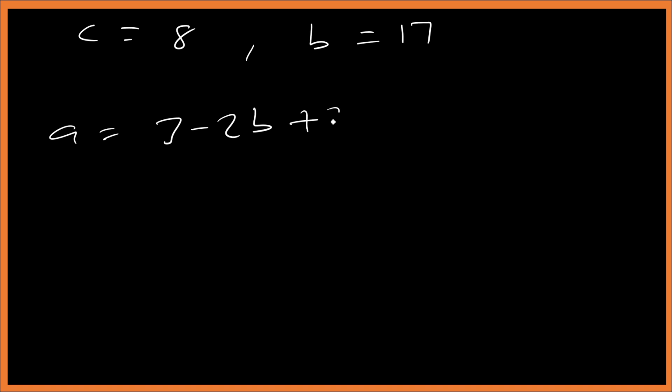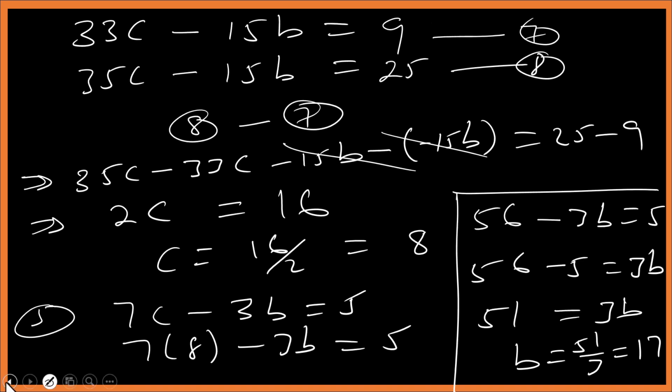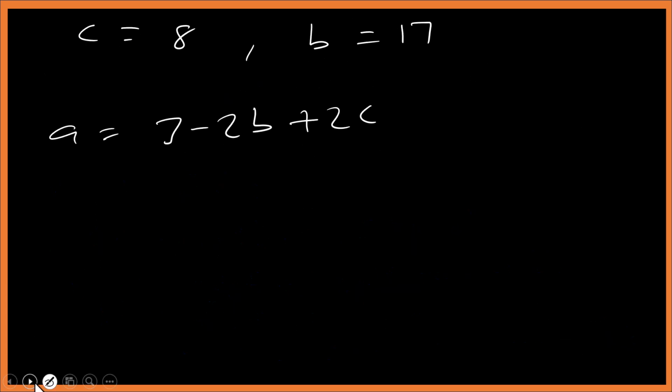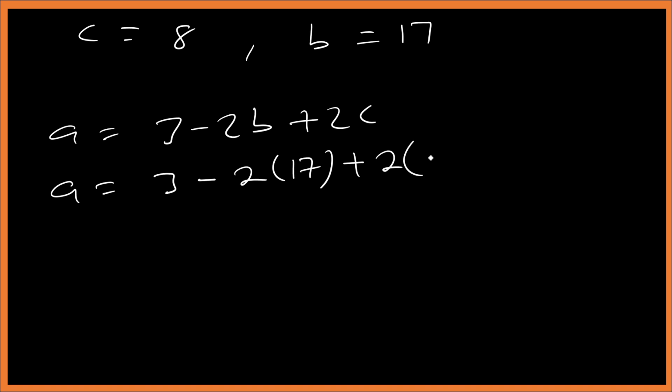Okay, let's confirm. So a will be 3 minus 2 times 17 plus 2 times 8. 3 minus, so this side 17 times 2 is 34, plus 16.